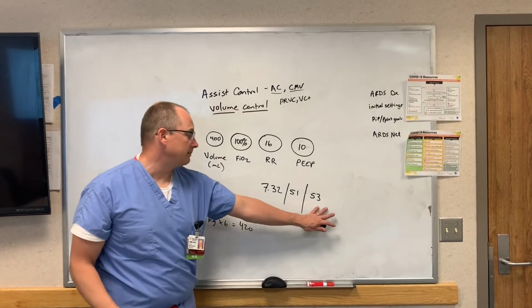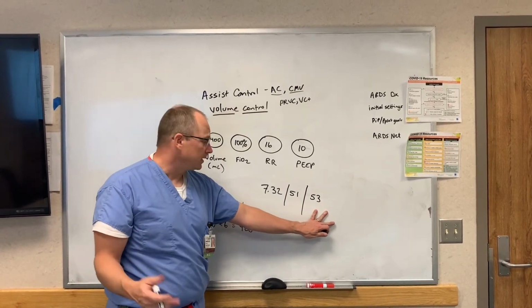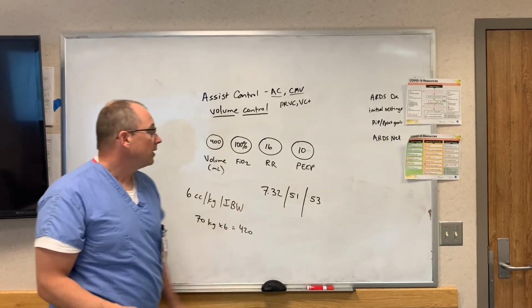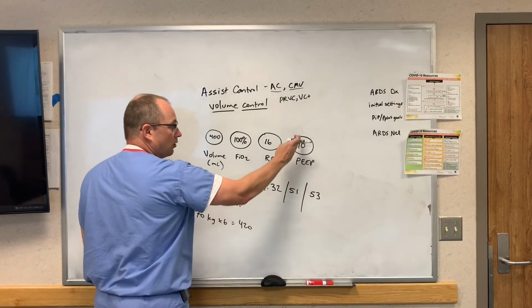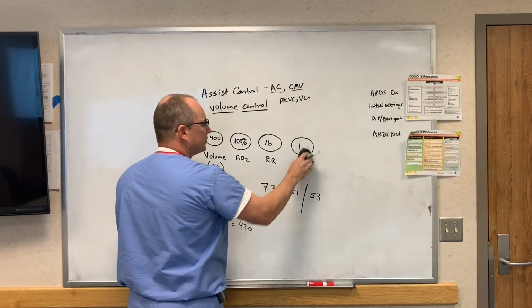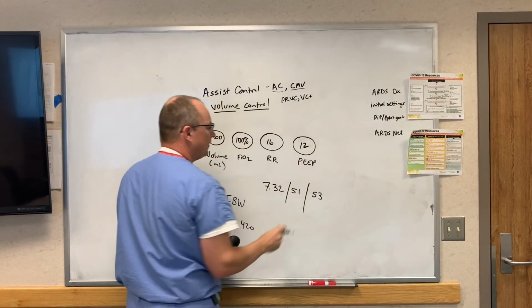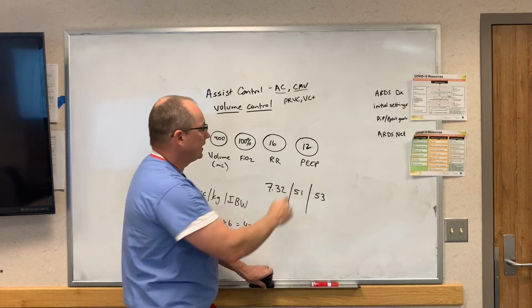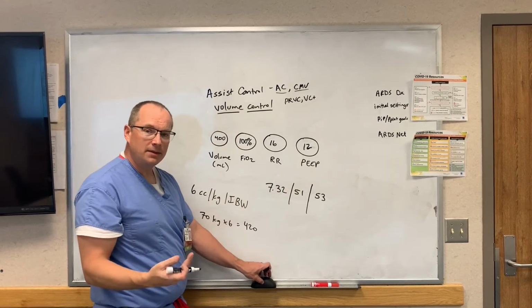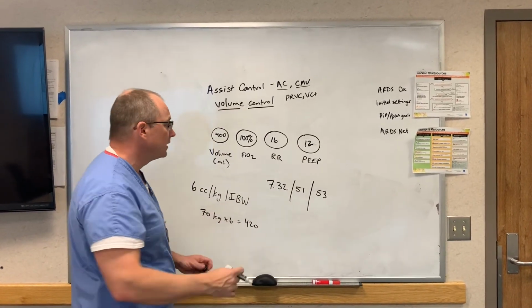We'd like to keep that above 55, above 60 in ARDS. Then we could start saying, okay, we might need to go up on the PEEP, and that would be the first change we make. And then perhaps over time, because PEEP changes can take a little bit of time, maybe even up to 30 minutes or 60 minutes, we would watch this.